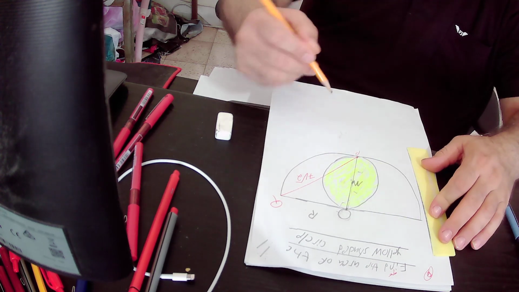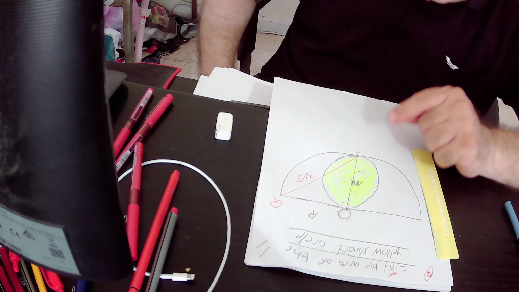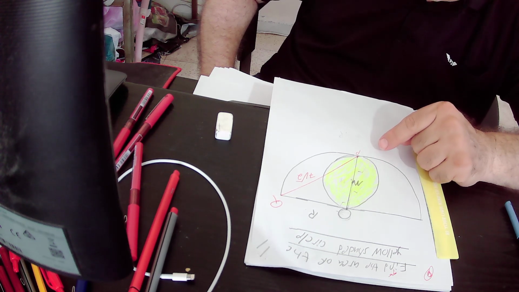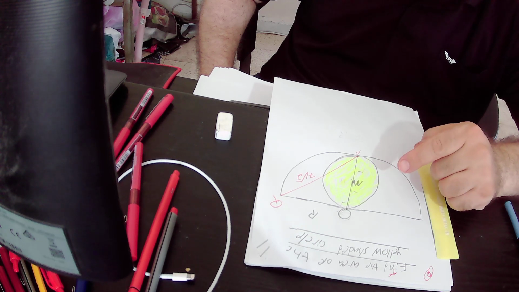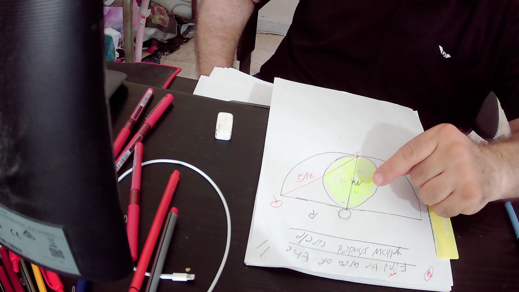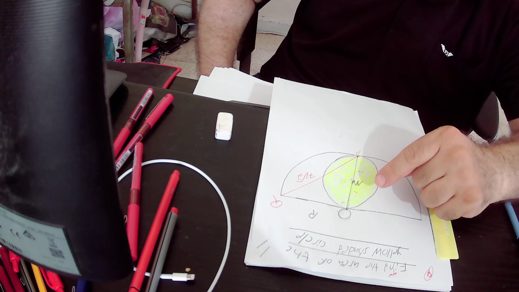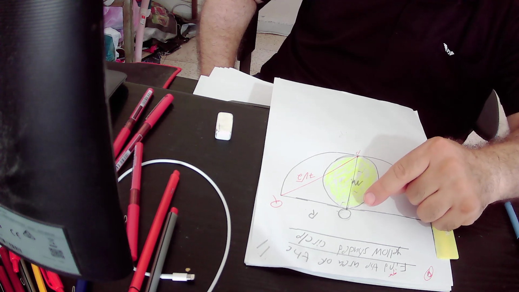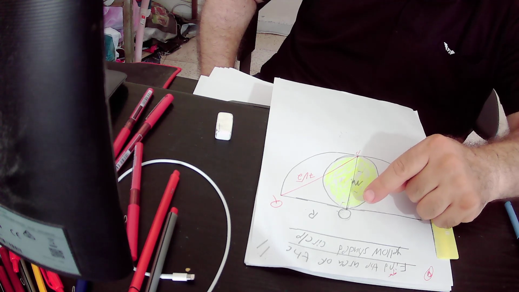As you can see from the picture, point P is a point of contact between the yellow circle and the semicircle. And we also have the second contact between the yellow circle and the semicircle at point O, and point O is also the center of the semicircle.